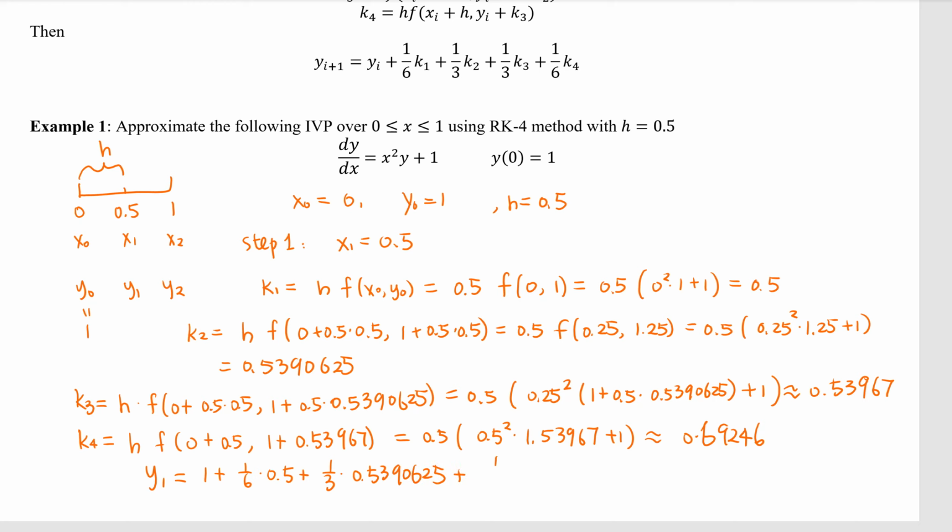And then plus 1 over 3 times K3, which is 0.53967, plus 1 over 6 times K4, 0.69246. Okay, let's see, what is this number?